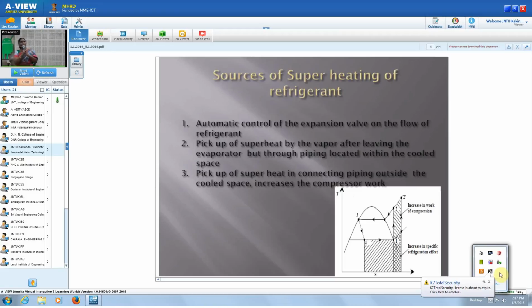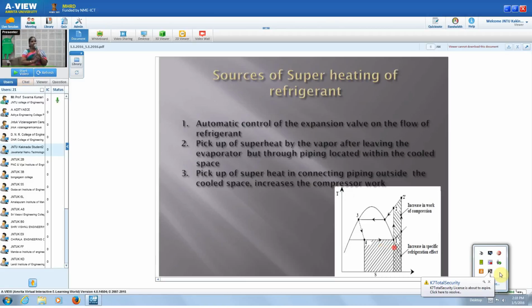So you can see from the TS diagram. At the suction of the compressor, when it is dry and saturated, the compression process is shown by 1, 2. The refrigeration effect is represented by the area under 4, 1. With superheating at the suction of the compressor, it changes to 1 dash, 2 dash.